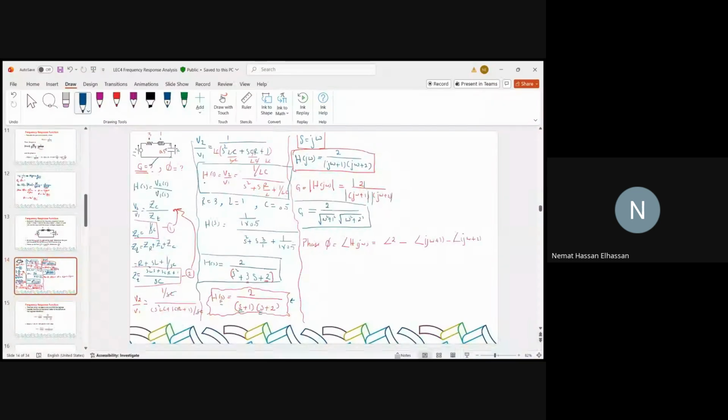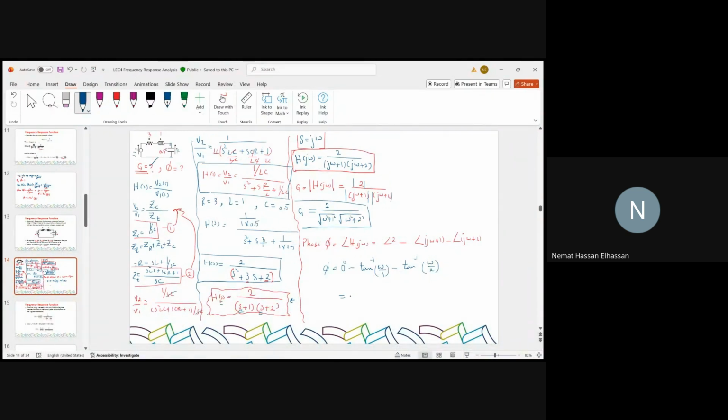So now let's evaluate it. Phase of 2, the complex part is 0, which means that the angle is 0. Here we have a complex number with a phase of tan inverse imaginary over real, minus tan inverse imaginary over real.